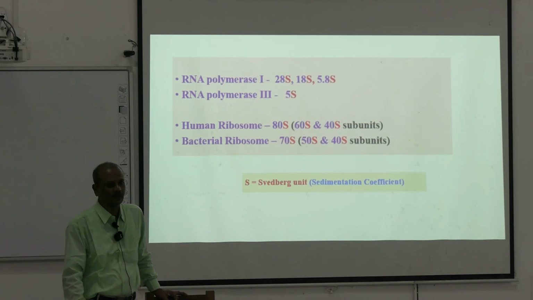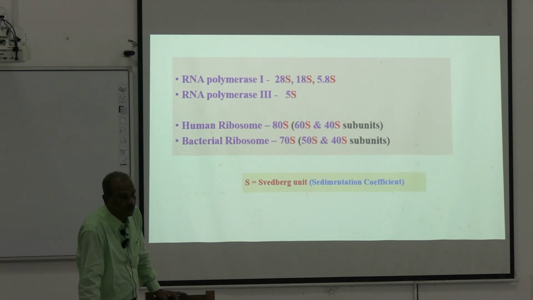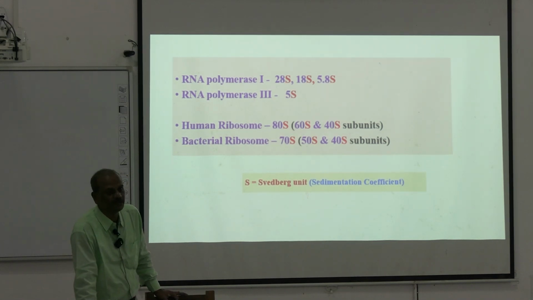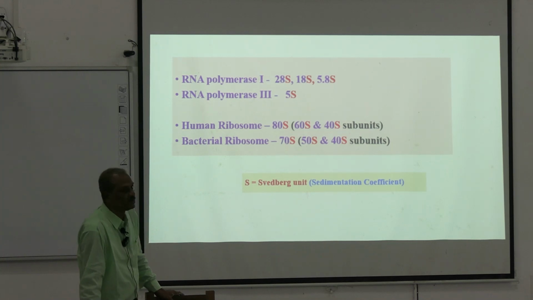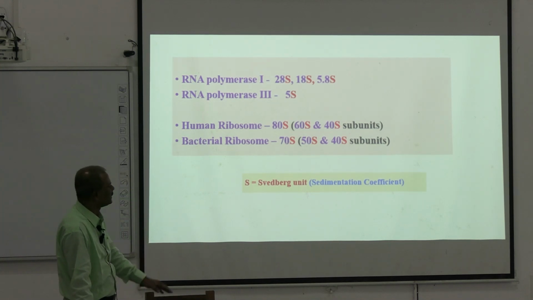As you increase the speed, those having a larger size get sedimented at a lower speed. So this is based on the sedimentation rate, and usually an ultracentrifuge, a high-speed centrifuge, is used. Based on the sedimentation rate, these subunits are classified.